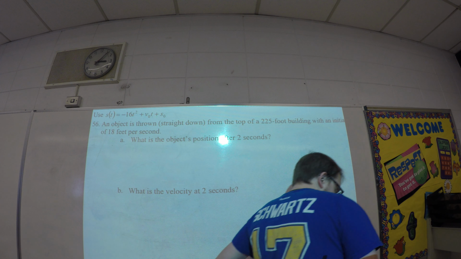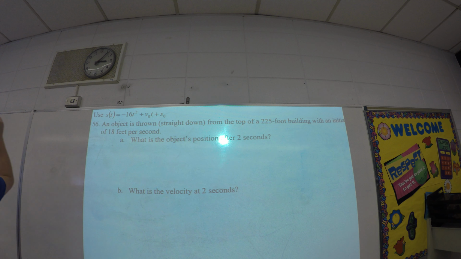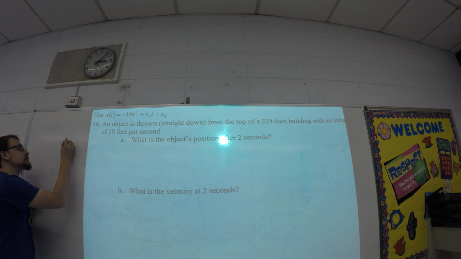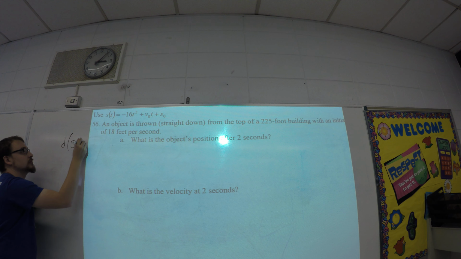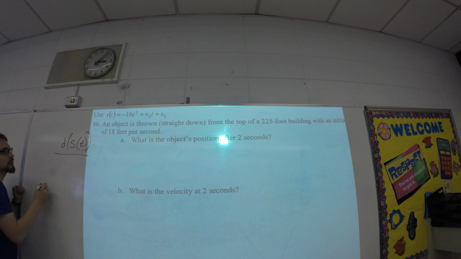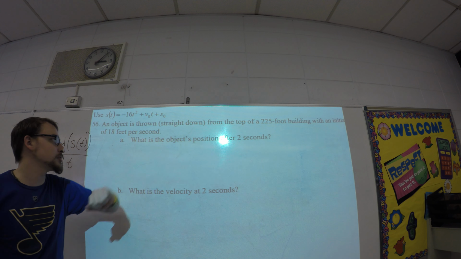All right, so we have a position formula, right? This thing up here, a distance formula. What we need is to derive from that some kind of velocity formula. The reason you can take the derivative of this and get the velocity formula is because when you derive this, what you get on this side is d of s of t, and then dt in this case, because we're taking the derivative with respect to t, because those are our variables, right?